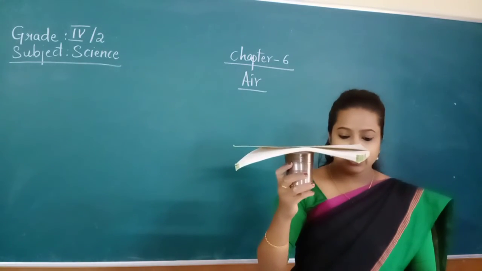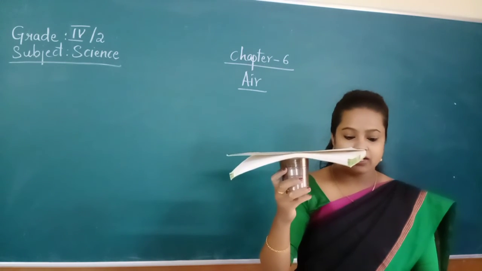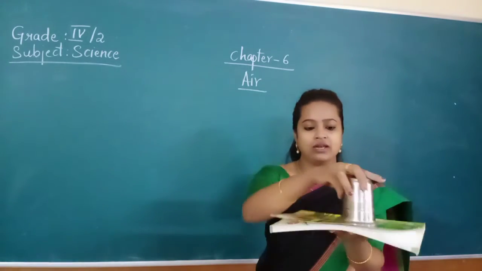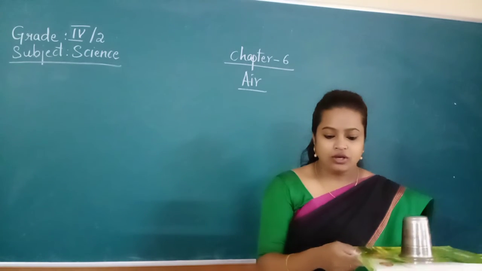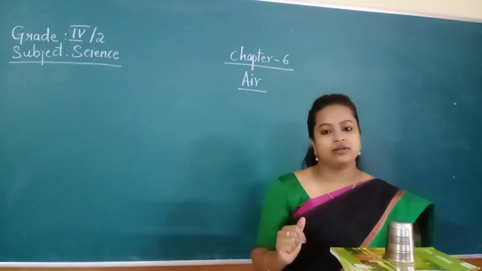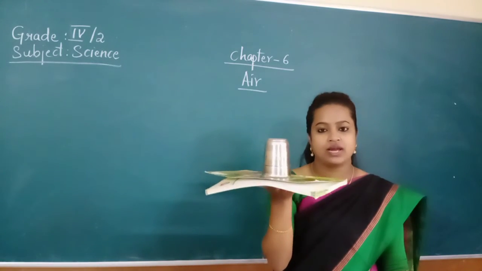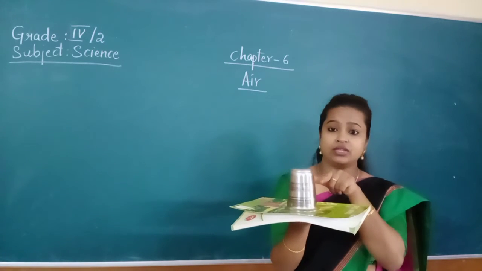Holding the cardboard piece in place with your left hand, use your right hand to invert the glass. Okay, children, now remove your left hand while still holding the inverted glass with your right hand, so that you will get to know the glass is filled with water.